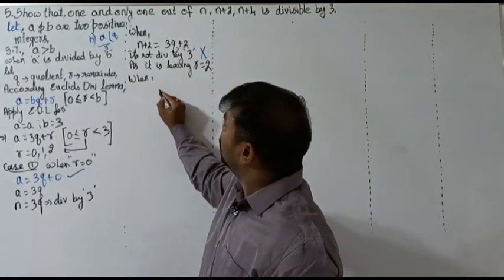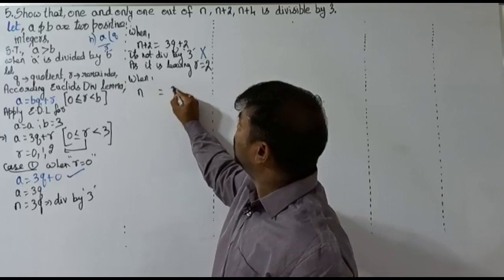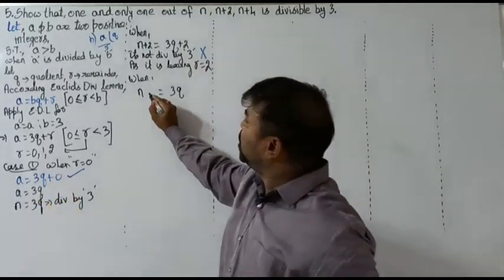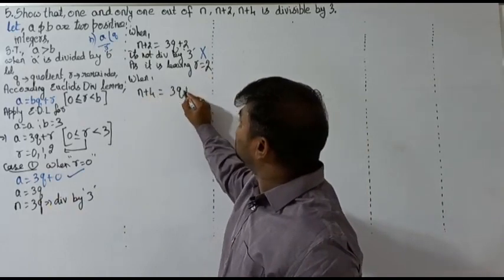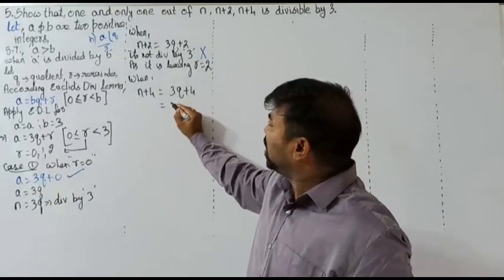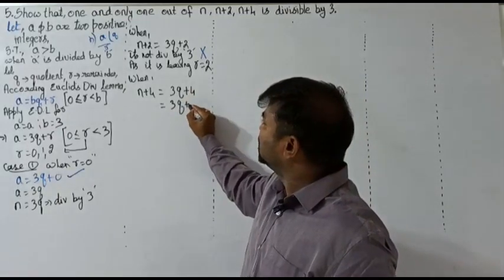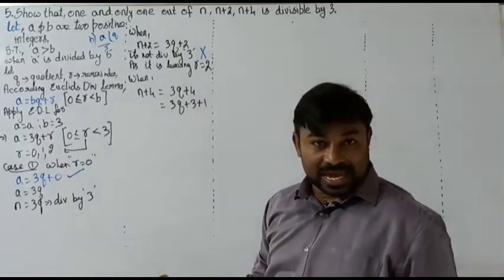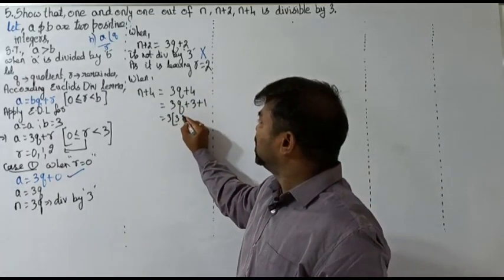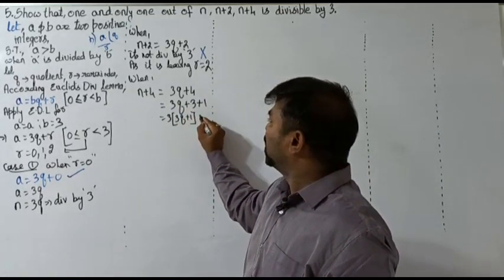Of course we know n is equal to 3q, let's add plus 4 on both the sides. Now can I write 4 as 3 plus 1? Yes. Now can I take 3 common here? Yes, 3q plus 1 plus 1.